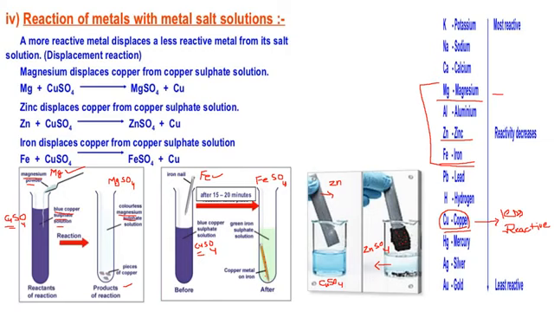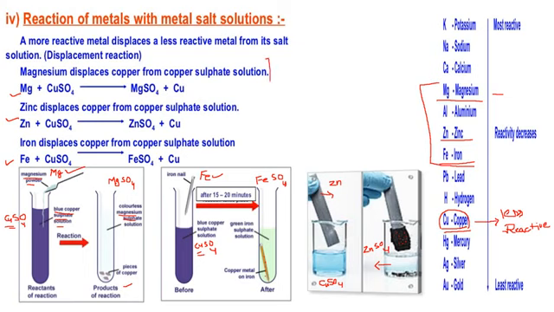You can see the equations here: Mg plus CuSO4 gives MgSO4 plus copper, then zinc plus CuSO4 gives zinc sulfate plus copper, iron plus CuSO4 gives iron sulfate plus copper. So all the reactive elements, that is magnesium, zinc and iron, are more reactive than copper, so they displace copper from the copper sulfate solution, that is the salt of copper.